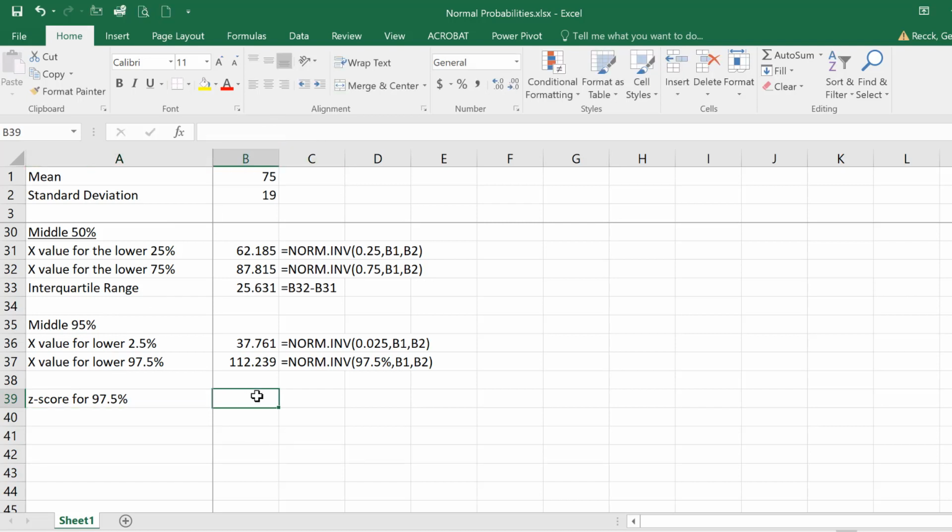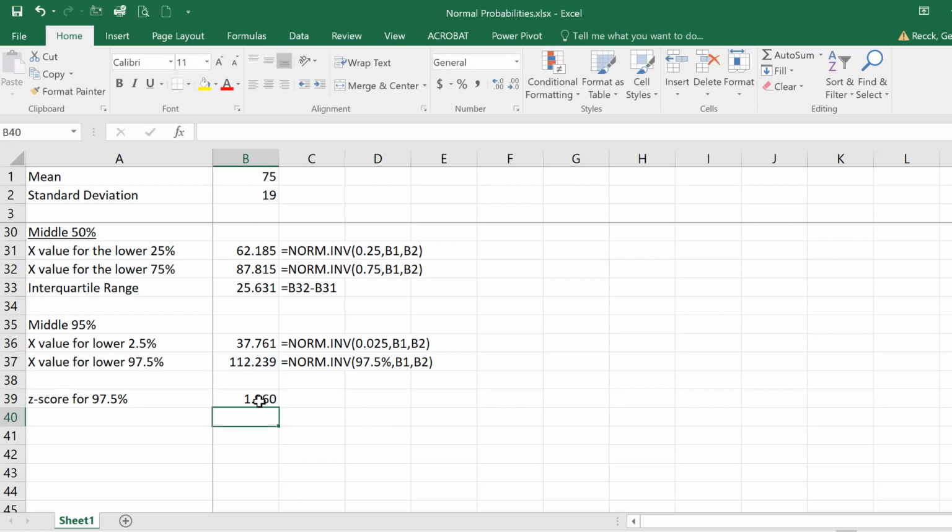So the z-score, calculated as we've done, take the 112 minus the 75, divide it by the 19. Whoops, I didn't do that very well. Equals, parentheses, the 112 minus the 75. Let's close those parentheses and divide by 19.